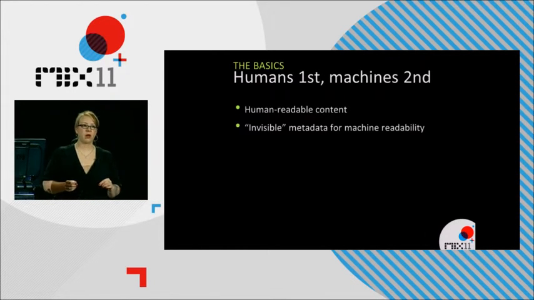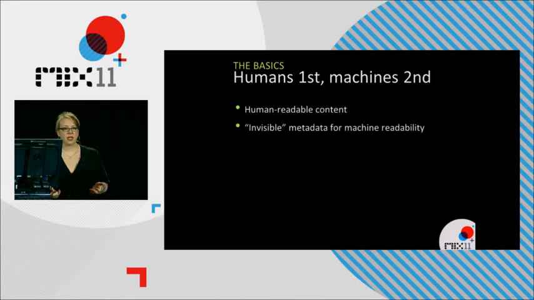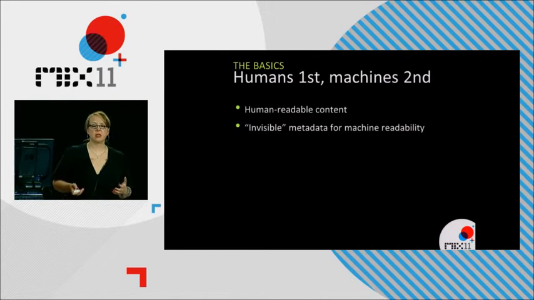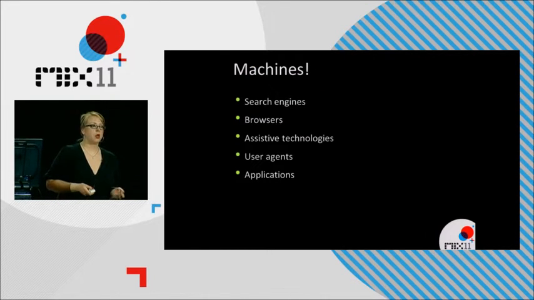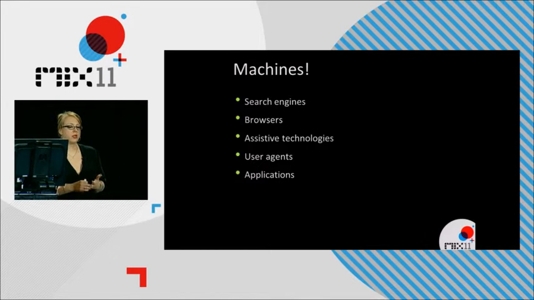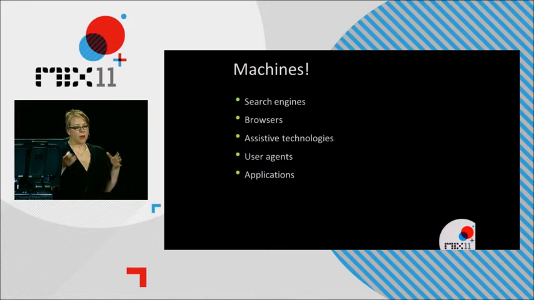But the addition of the microformats adds invisible metadata for machines. Machines like search engines, browsers, assistive technologies, other user agents, and applications. So by adding the invisible metadata for machines, you're giving machines meaning, but you're keeping the content clean and ready for humans to consume.